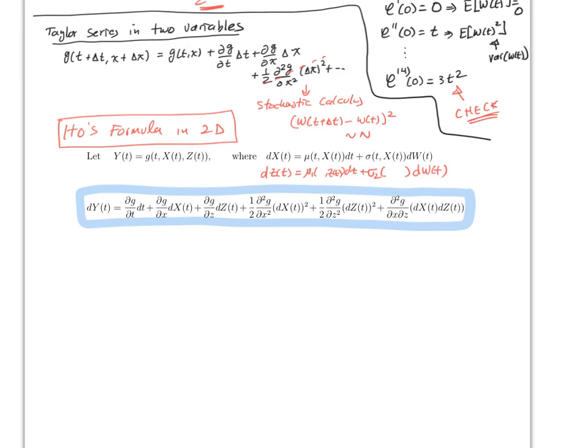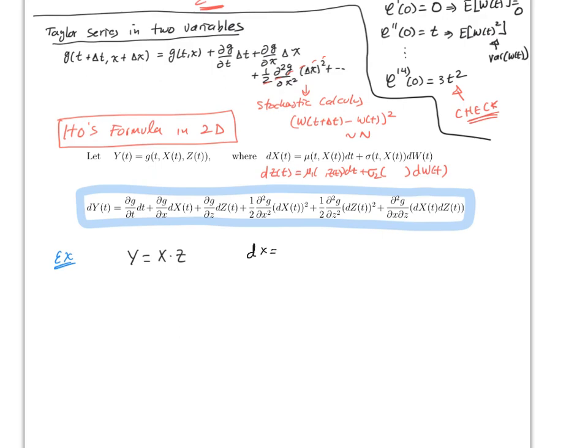All right, so let's do an example to see how this works. So let's say that you have a function y equal to x times z, where x is a random process and so is z. Actually, each of them should have their own stochastic differential equation.